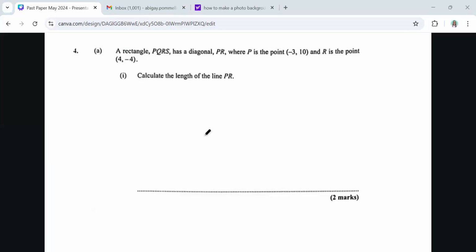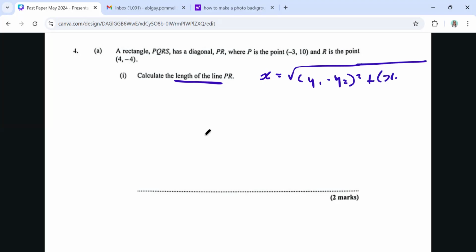And we know the formula for the length of a line should be the square root of (first y minus second y) squared plus (first x minus second x) squared.